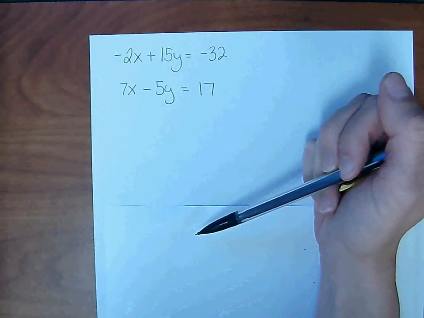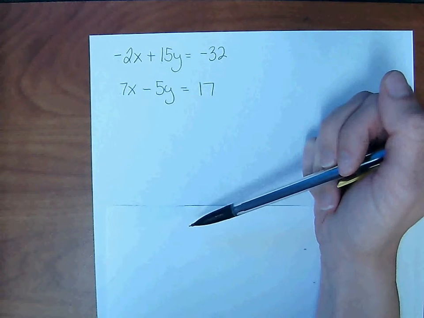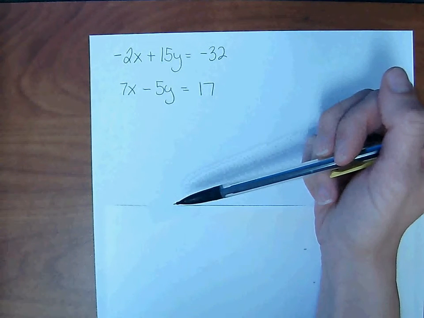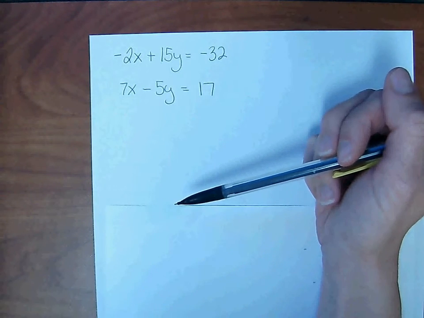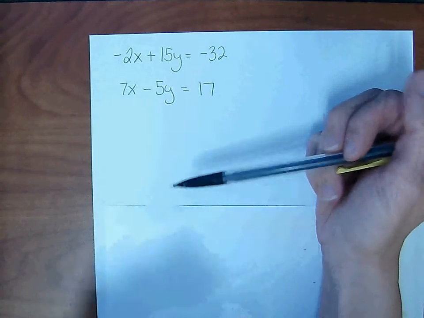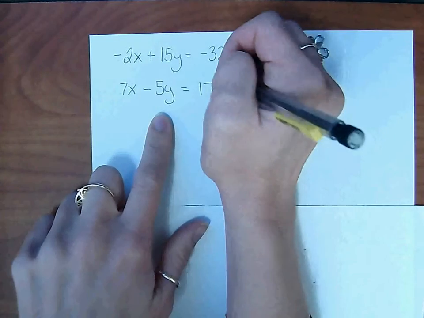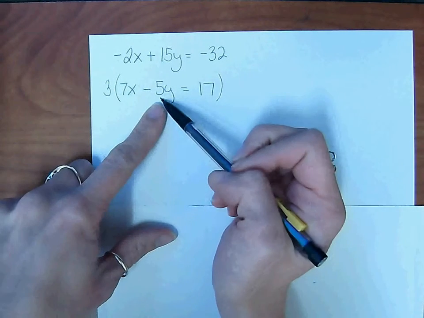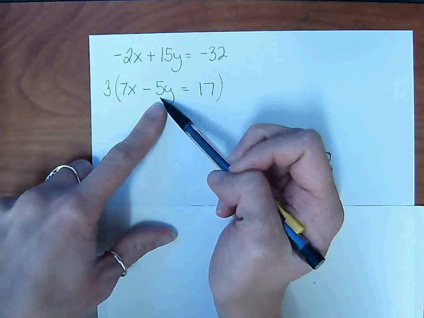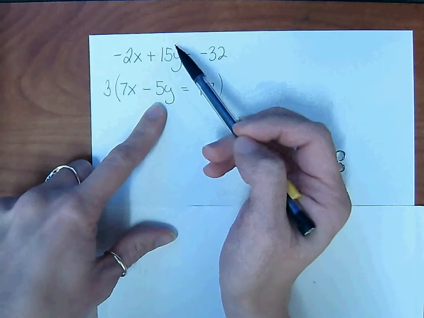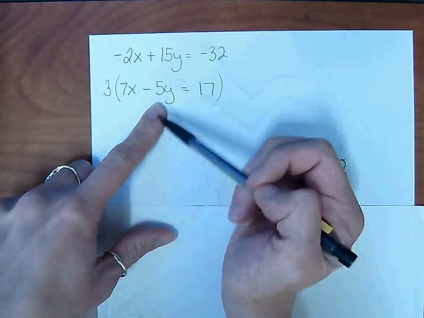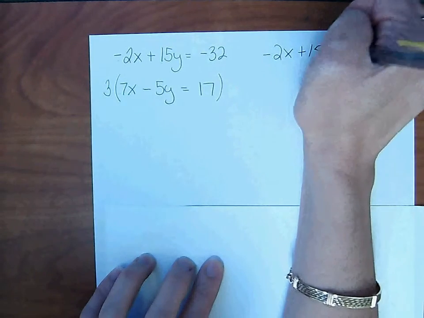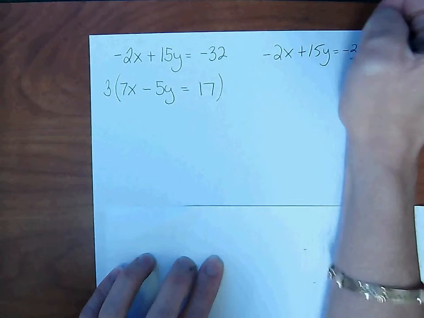What we're trying to do is multiply one of the equations so that the coefficients are opposites. I'm going to eliminate the y because I can multiply the second equation by 3, and 3 times negative 5 would give me a negative 15y, and the 15y and negative 15y would cancel out. So negative 2x plus 15y equals negative 32 stays the same.